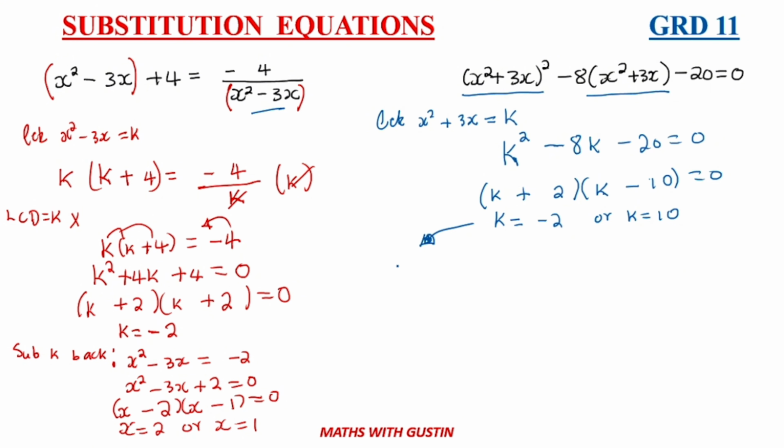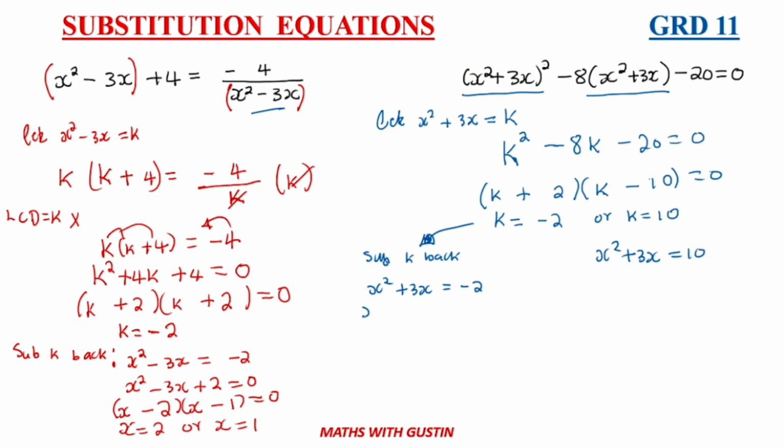Right, so we are going to deal with this one first, where k is equal to -2. Because we found k, we need to substitute k back. Here we go. It's going to be x squared plus 3x equals -2. Similarly on this side, x squared plus 3x equals 10 as well.